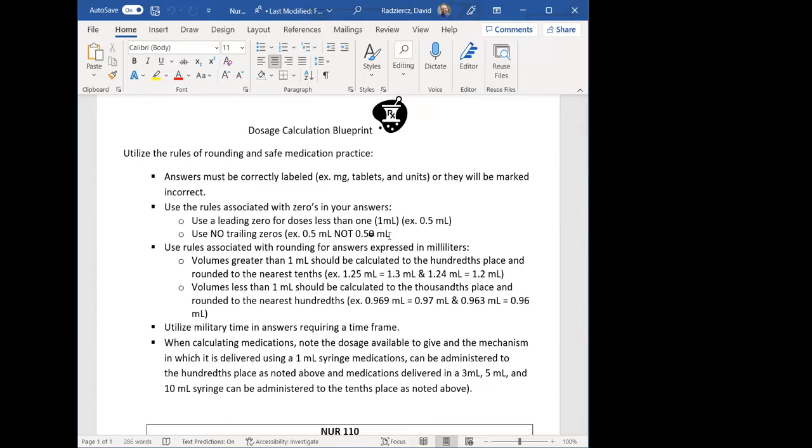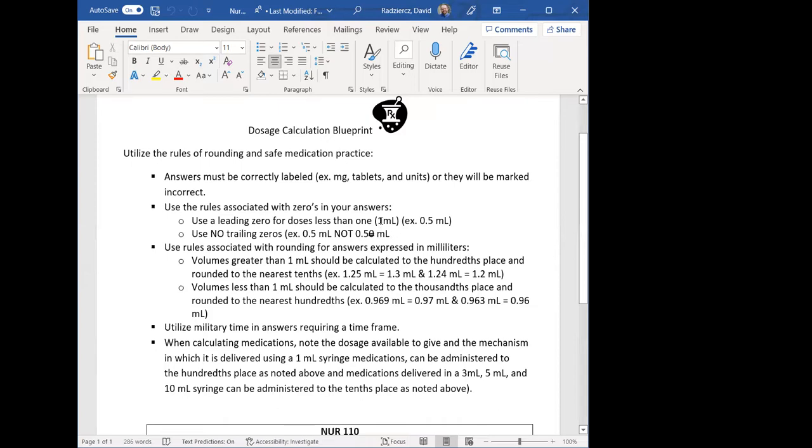Even though clearly you can see it's 0.5 milliliters, you don't want someone thinking that you unintentionally wrote 50 or 500 or however many zeros. So you don't need to put the zeros after your answer, but if it's less than 1, make sure you have a 0 before your answer.